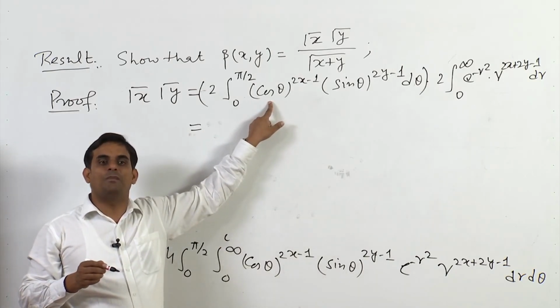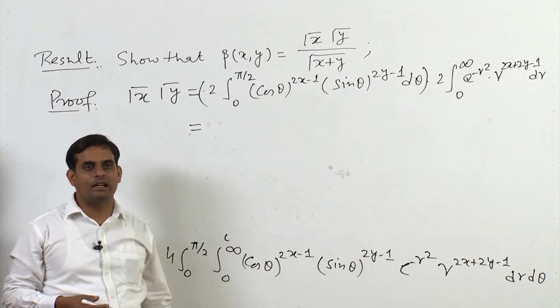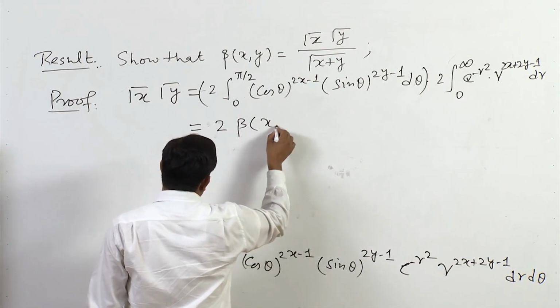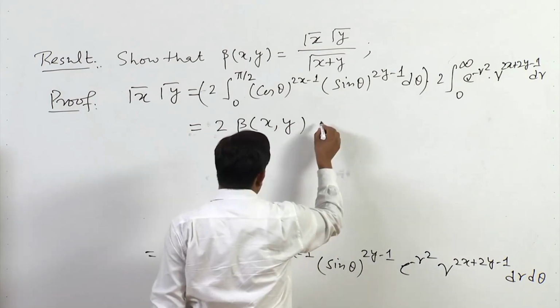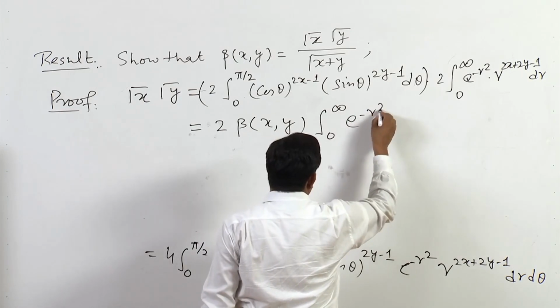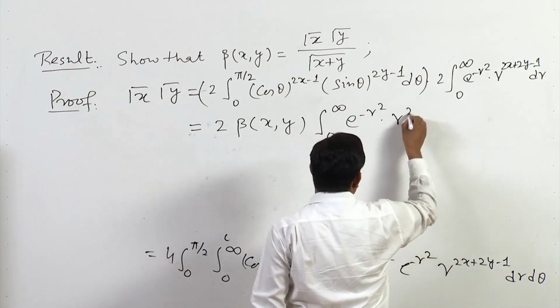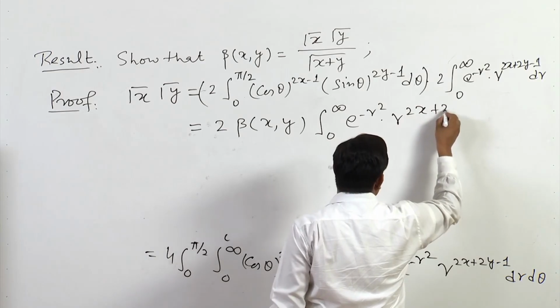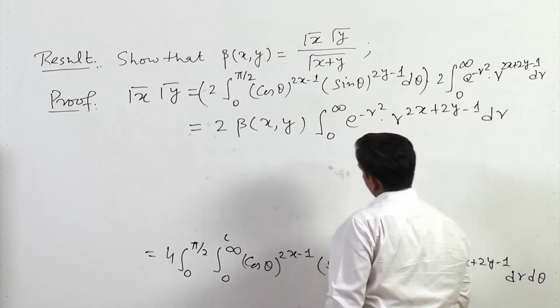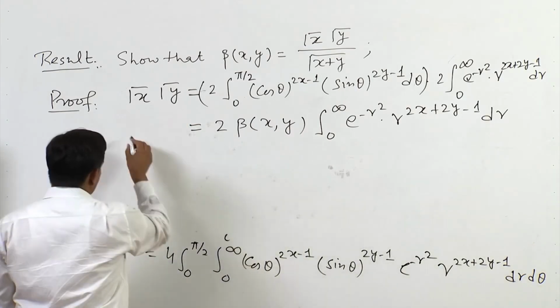This is the beta of x, y, just from the second identity, 2 beta x, y into the integral from 0 to infinity of e raised to power minus r square into r raised to power 2x plus 2y minus 1 dr. So this is gamma x, gamma y.